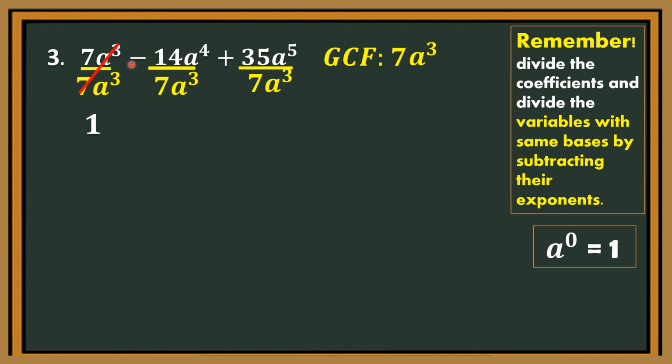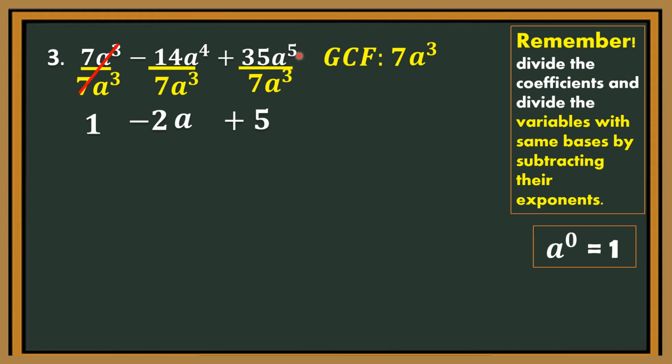Next, negative 14 divided by 7, that is negative 2. A to the fourth and a cubed, same variable, you're going to subtract the exponents. 4 minus 3 is 1. Therefore, we will have now a. Automatically, the exponent of a here is 1. Next, 35 divided by 7, 5.